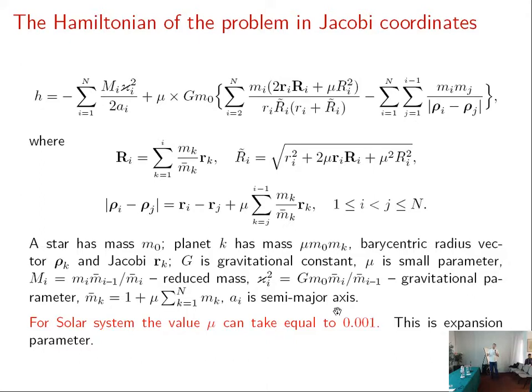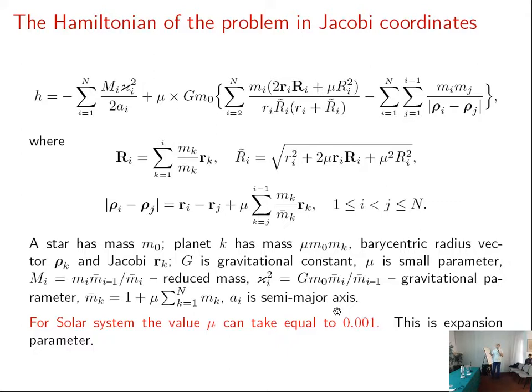This is the undisturbed part of the Hamiltonian, which presents the interaction between the star and a planet. In the braces we have the disturbing function of the problem, which describes the interaction between planets.